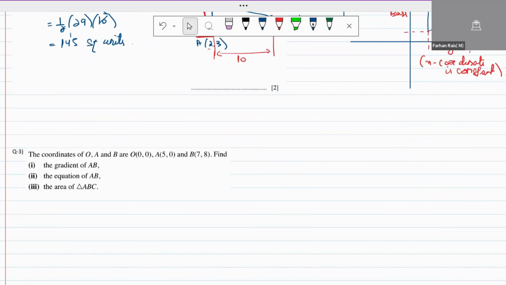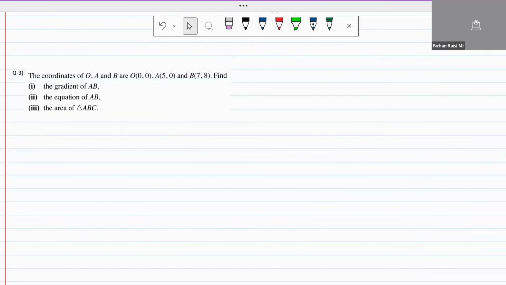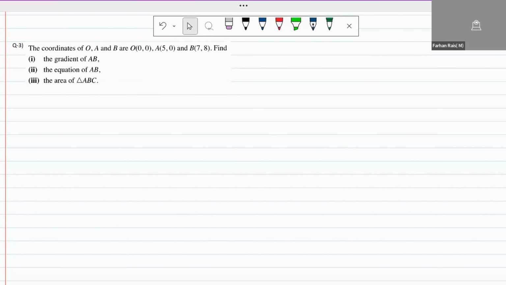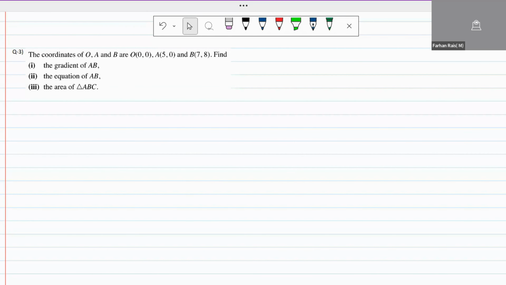Related to such a case, I have picked up one more question where we have to find the area. And this time I have kept the y coordinate same.